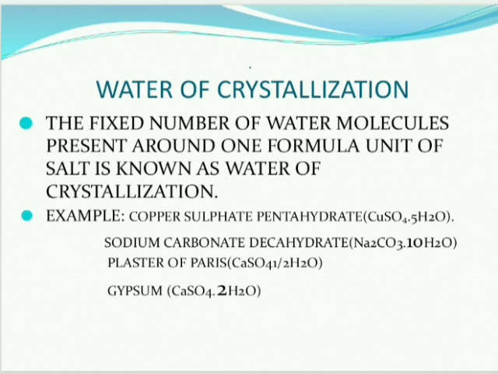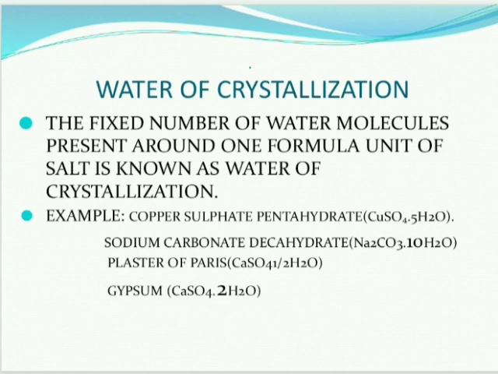See, if you take the example copper sulfate pentahydrated, actually copper sulfate is colorless without water molecules. On crystallization only, it attains blue color. So that means this water of crystallization is also imparting color to salts. Not in all the cases, but in a few examples.